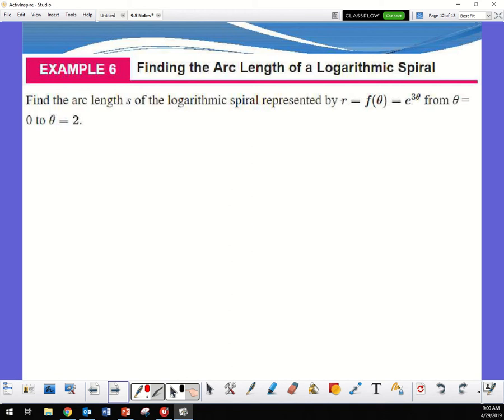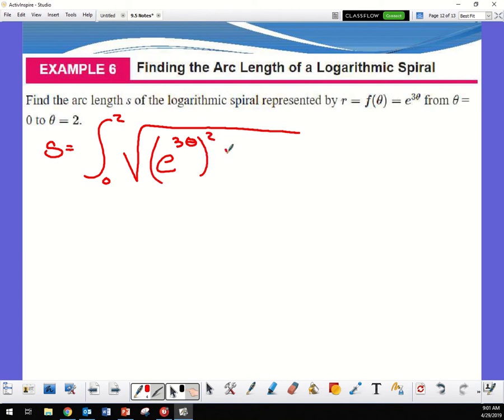Find the arc length S of the logarithmic spiral r equals f of theta, which is equal to e to the 3 theta, from 0 to 2. So the formula: S equals the integration from 0 to 2 of the square root of e to the 3 theta squared, plus the derivative.